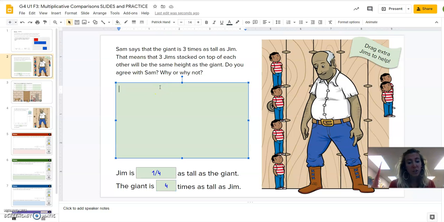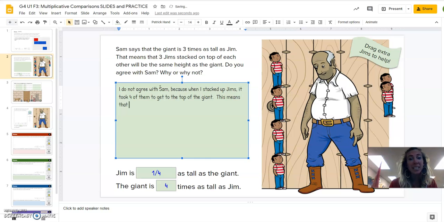Then you can write in, do you agree with Sam? I do not agree with Sam because when I stacked up Jims, it took 4 of them to get to the top of the giant.